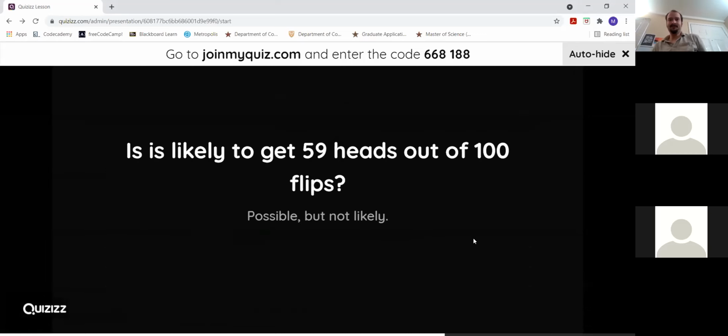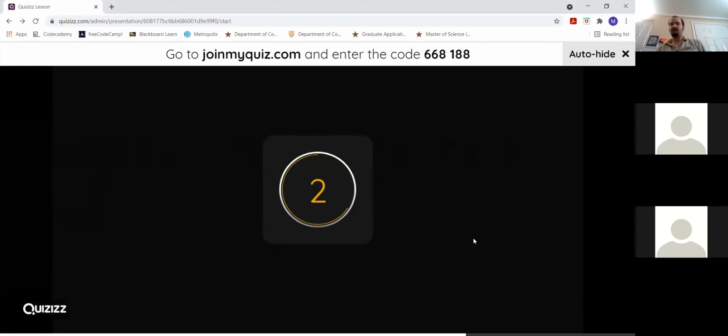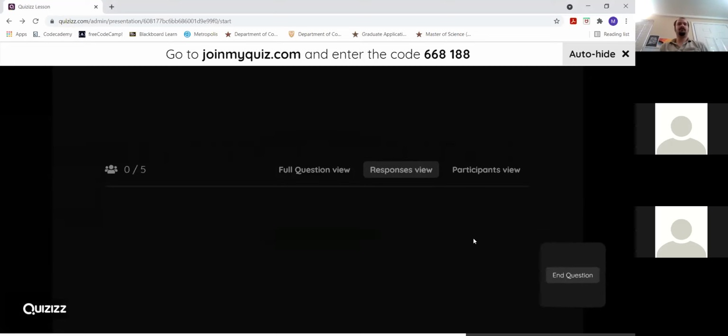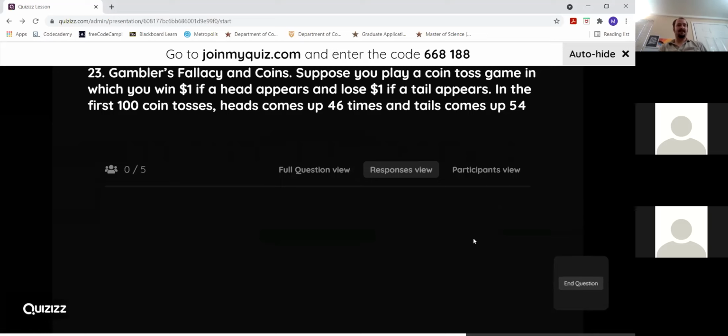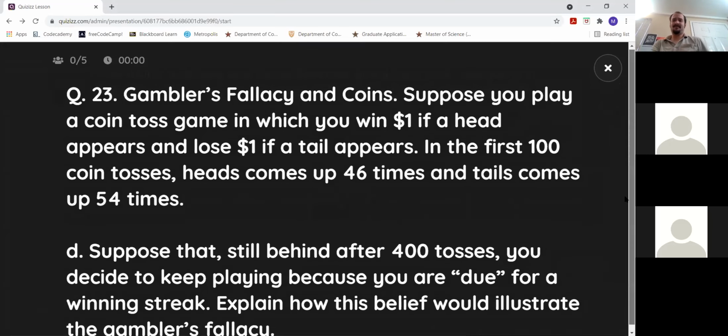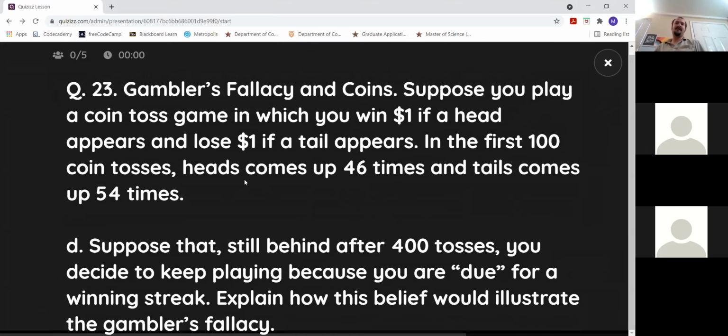It's not a good bet. Is it likely to get 59 heads? The book says it's possible. It does happen, it's not completely unheard of, but it's not likely. It's not something I would necessarily bet on. And so far it hadn't been turning up your way either, so there might be some reason to believe that the coin might not be fair at some point. It depends whether it continues following the law of large numbers.